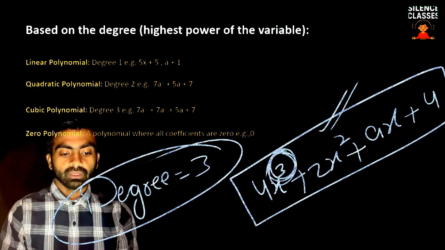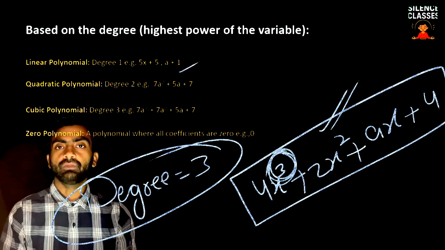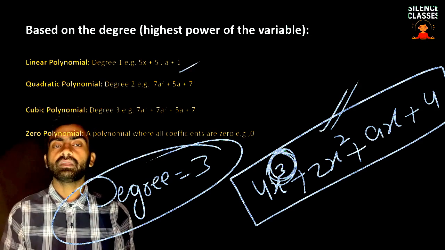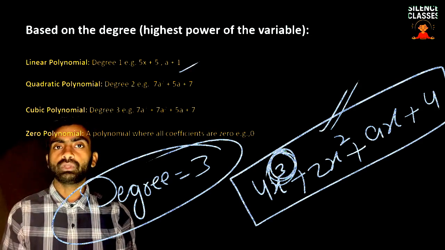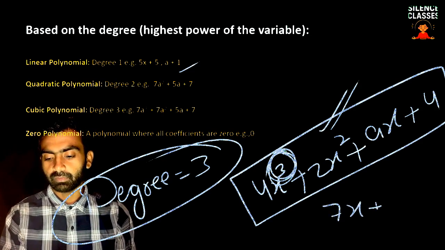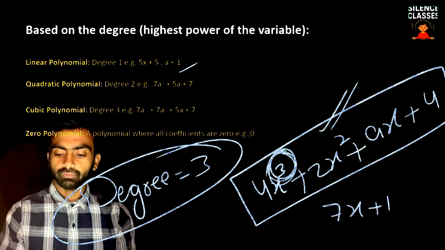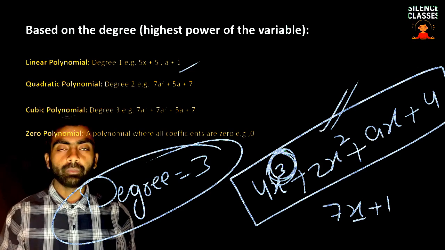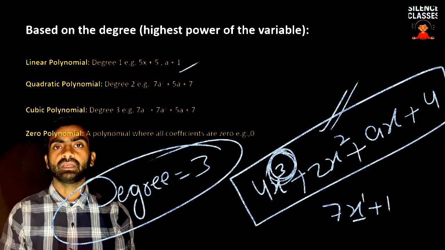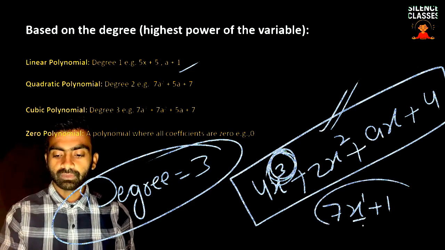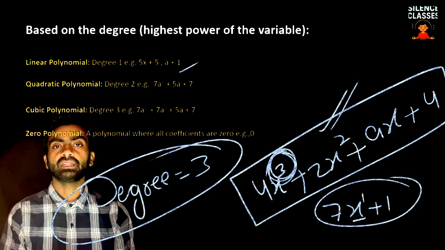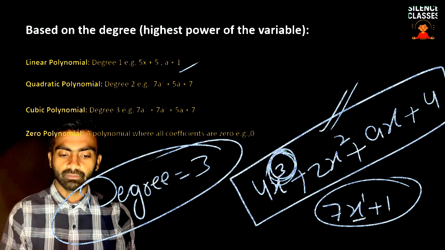Okay, so what is a linear polynomial? Whenever a polynomial is given to us like 7x plus 1, we will check the variable. There is no power written, which means the power is 1 over here. Whenever the highest degree is 1 in the given polynomial, we will say that it is a linear polynomial.